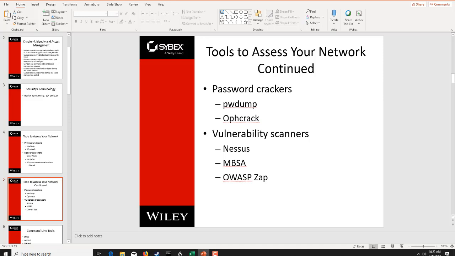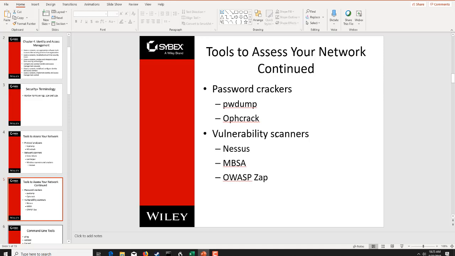Vulnerability scanners are used extensively in industry, both by offensive security professionals as well as those in a security operations center and just internal IT. OpenVAS is kind of a de facto standard for open source, freeware.